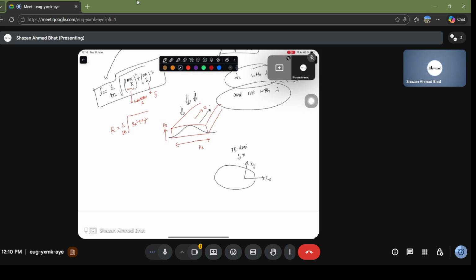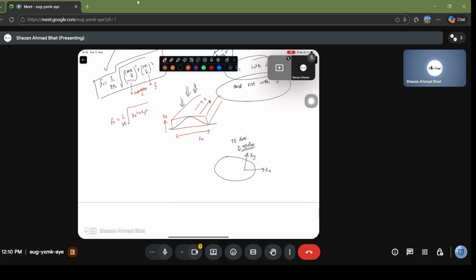This is the top view. You will have a distribution like this in the y direction also, and accordingly you will have a Gaussian sort of packet moving through it.